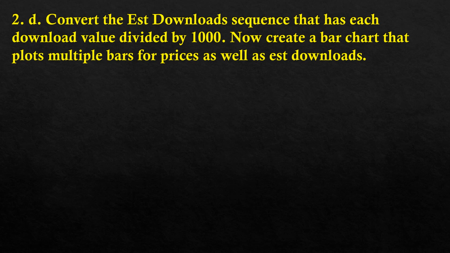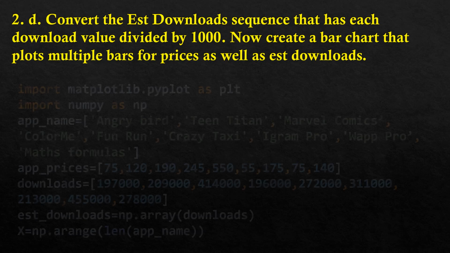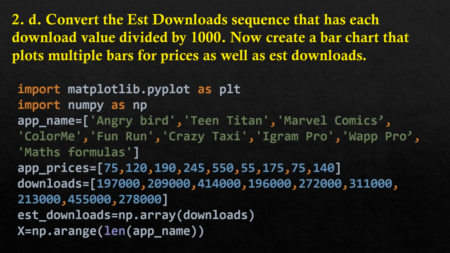Now convert the AST download sequence so that each download value is divided by 1000. Now create a bar chart that plots multiple bars for prices as well as AST downloads. Now see, we have to import pyplot, and I have imported NumPy also, and I have created a list of app names storing the names of the apps, and app prices also, and the next list is downloads, which is showing the number of downloads.